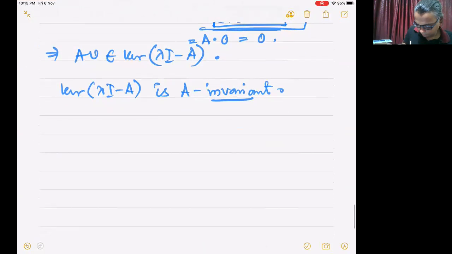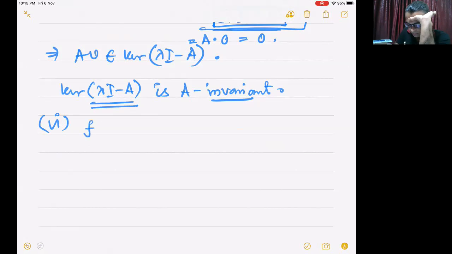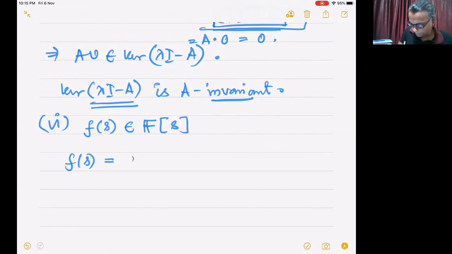With a little bit of effort, we'll also be able to figure out that the following is also true. This is only a special kind. Suppose f is a polynomial, the symbol for denoting a polynomial is this. If f is of this form, it's a typical polynomial. It looks like a0 plus a1 s plus dot dot dot up to, let's say, ar s to the power r.